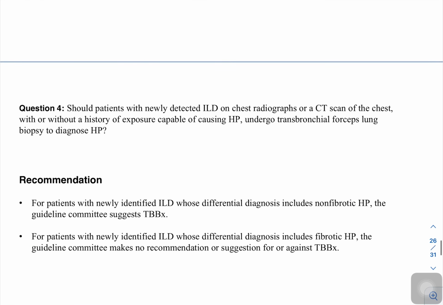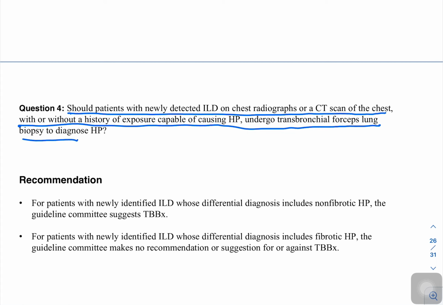Question 4. Should a patient with newly detected ILD on chest radiograph or a CT scan of the chest, with or without history of exposure capable of causing HP, undergo transbronchial forceps lung biopsy to diagnose HP? Should we go for it?